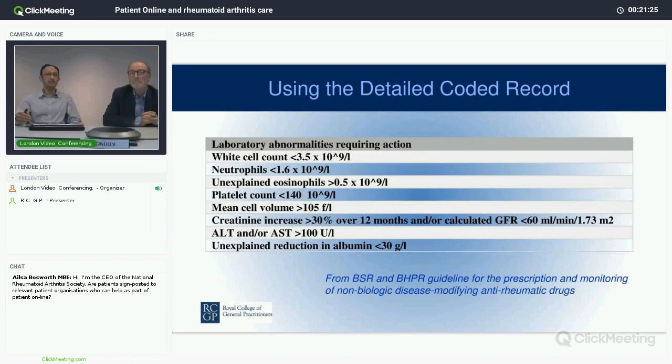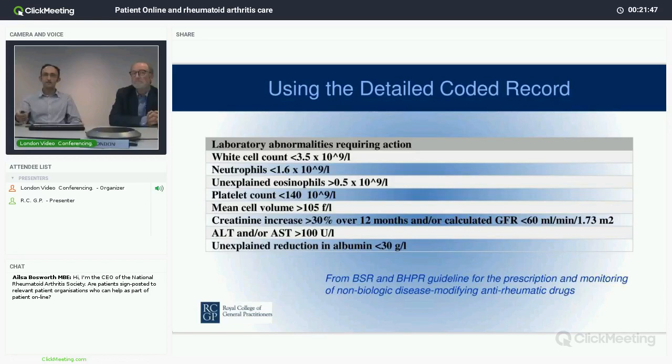That they are definitely something that the patient should be aware of, and they can look at themselves. And by giving patients access to these results, they can have a look through. It encourages them again to understand what a good white cell count is for them, what a good CRP is for them.